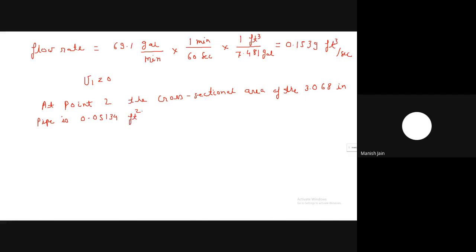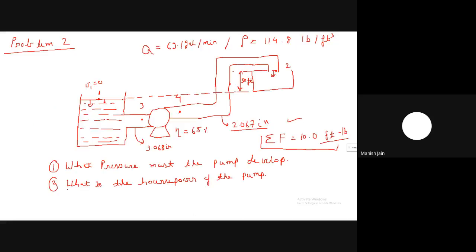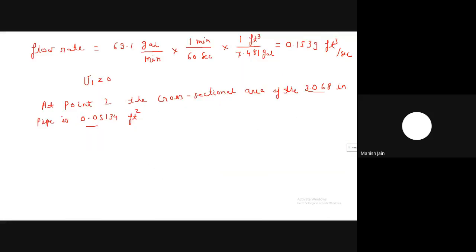This is the cross-sectional area of the initial pipe.